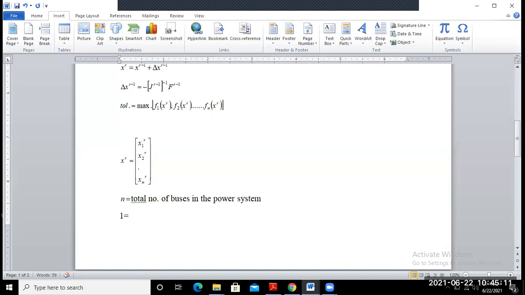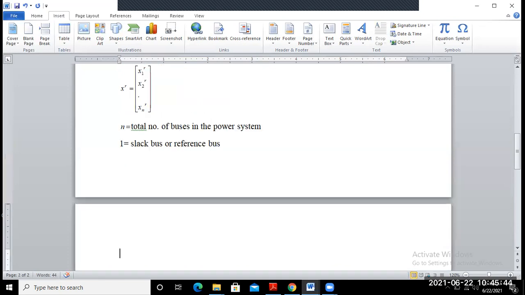If we choose one bus as a slack bus or reference bus, then the remaining buses, 2 to n, are the PQ buses.